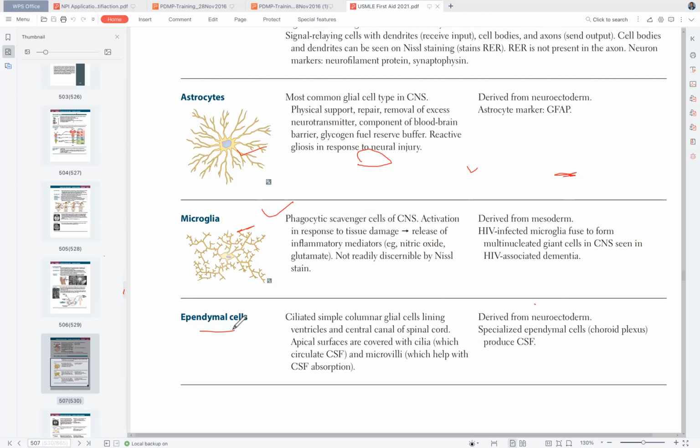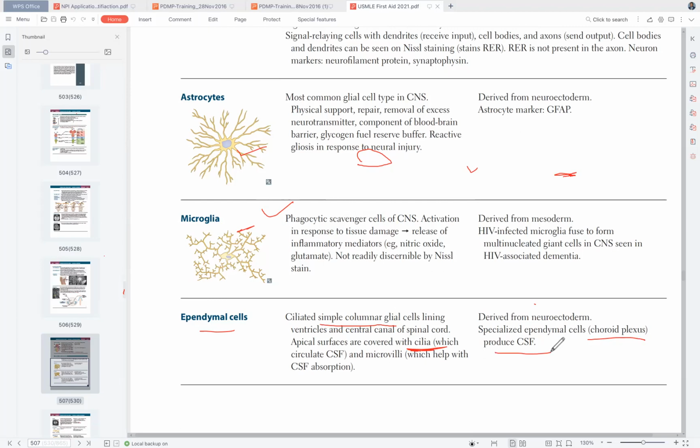Does it make sense? Okay. The plexus is a group of things, right? The ependymal cells are the main epithelial cells, and they are simple columnar glial cells. You don't have to know that they are simple columnar glial cells, but just know that they are ependymal cells, they line the ventricles, and they form the choroid plexus. They also form the cilia. So that is it over there.